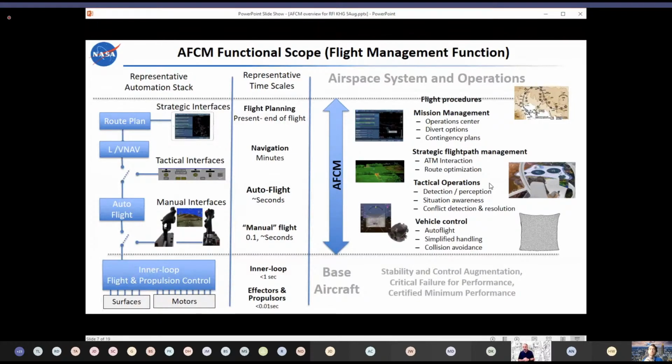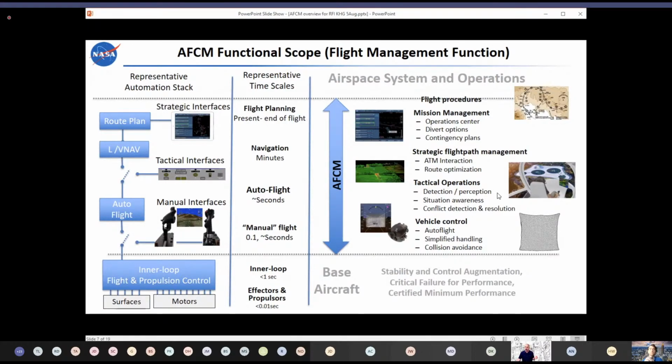This is where a maneuver might be required that doesn't impact the overall strategic plan. But in terms of safety of flight, this is an area where safety of flight really starts to become important. So first thing is having awareness of what's going on outside the vehicle.